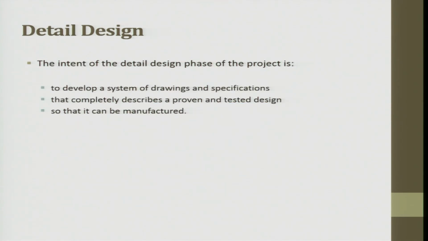The intent of the detailed design phase of the project is to develop a system of drawings and specifications that completely describes a proven and tested design, so that it can be manufactured. This is very important.